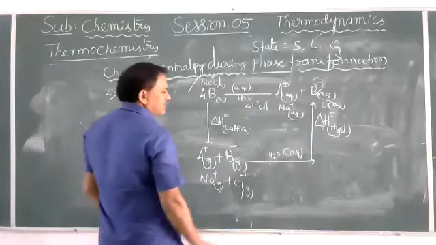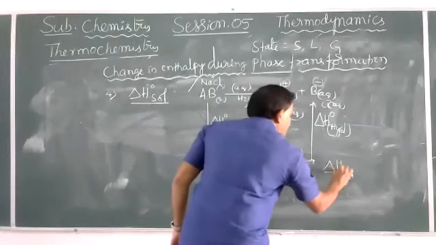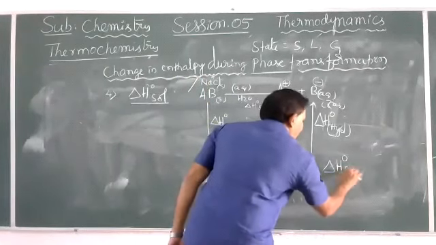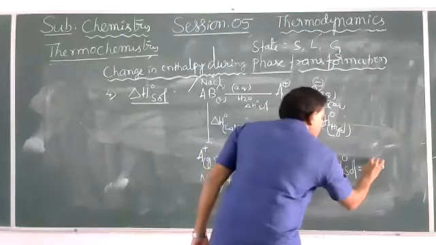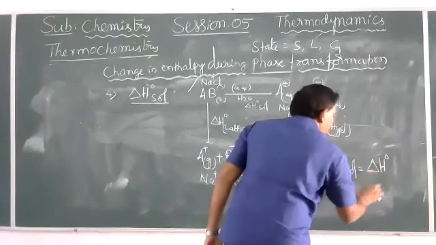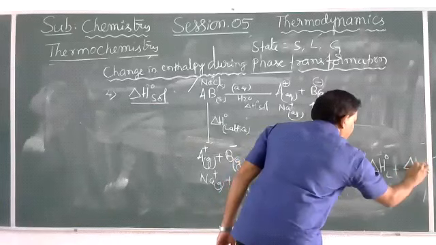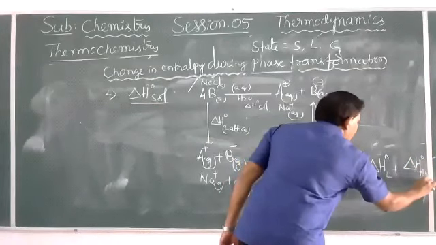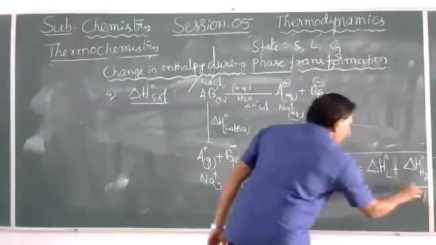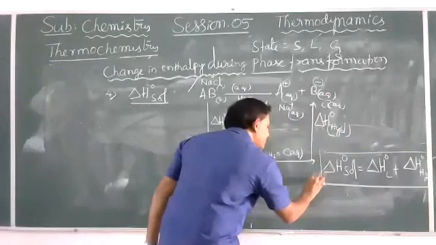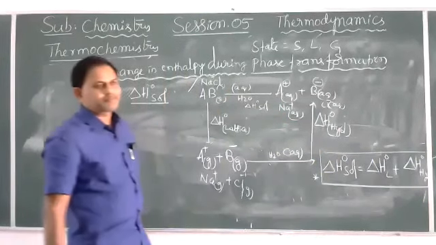So the common important statement is: standard enthalpy of solution equals the sum of standard lattice energy plus standard enthalpy of hydration. This is a very, very important formula for solving problems.